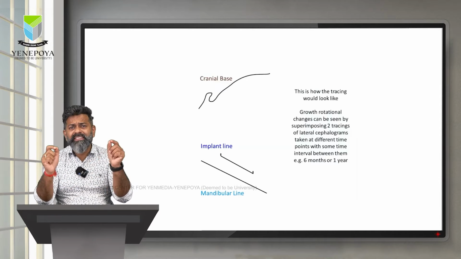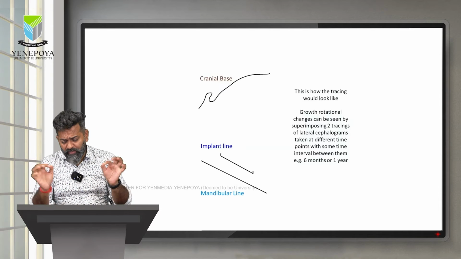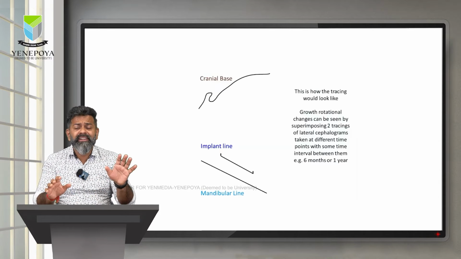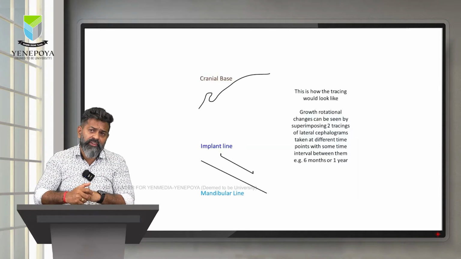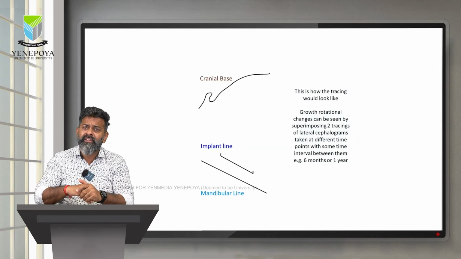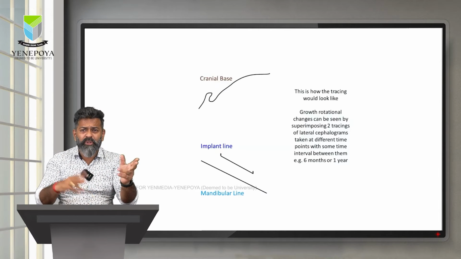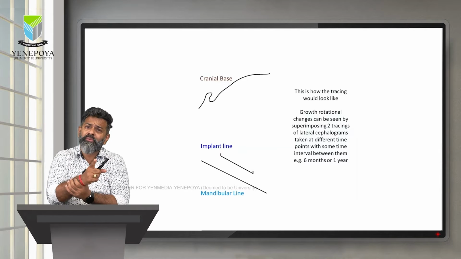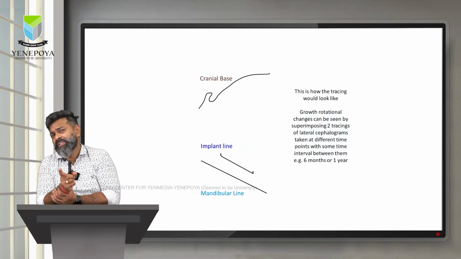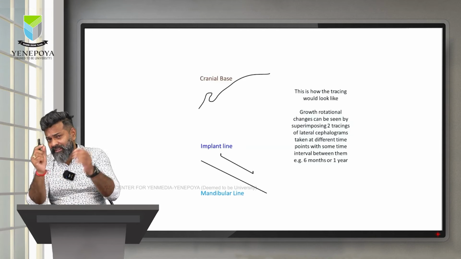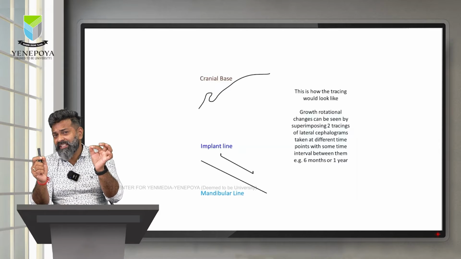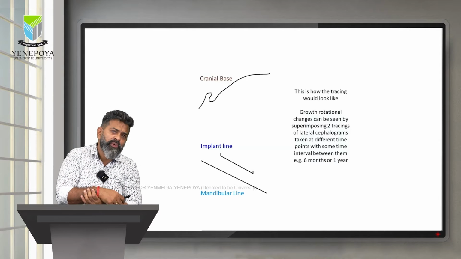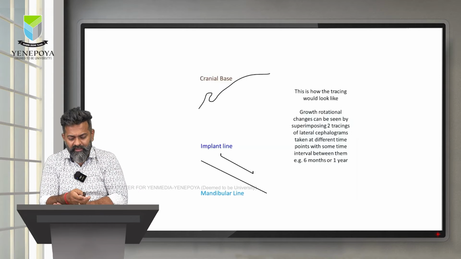He used these implants in the corpus of the mandible, and he started taking a series of X-rays at different time intervals, for example 6 months or 1 year. These are the main 3 lines he focused on. One was the cranial base, the second was the implant line, which mainly focused on the corpus of the mandible, and the last one was the soft tissue border of the mandible line.